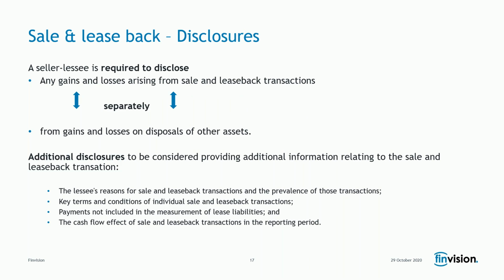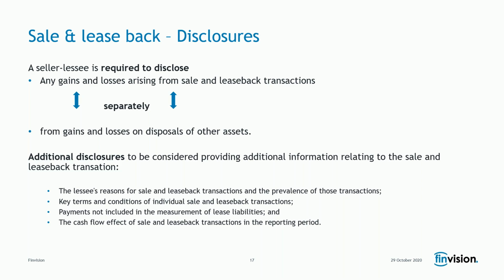Important to consider as well for sale and leaseback transactions are the disclosures. The seller lessee is required to disclose any gains and losses arising from the sale and leaseback transactions separately from the gain and loss of disposal of other assets. So there should be a distinction between the profits on sale and leaseback transactions and the normal disposal of other assets.